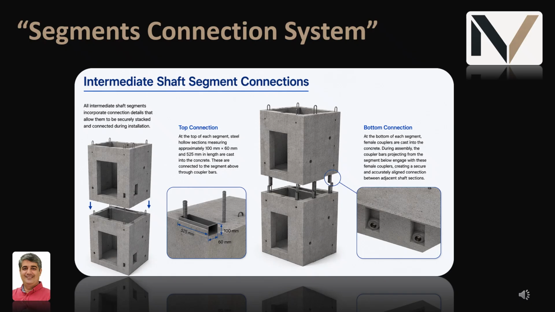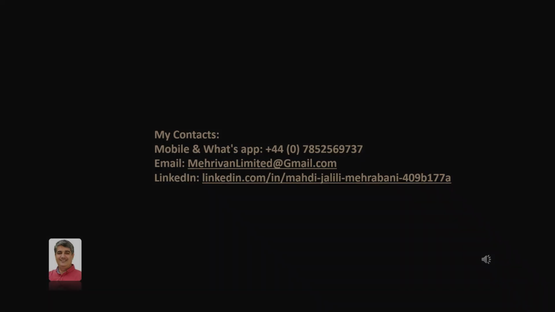At the bottom of each segment, female couplers are cast into the concrete. During assembly, the coupler bars projecting from the segment below engage with these female couplers, creating a secure and accurately aligned connection between adjacent shaft sections.